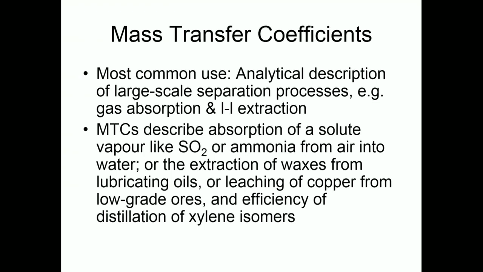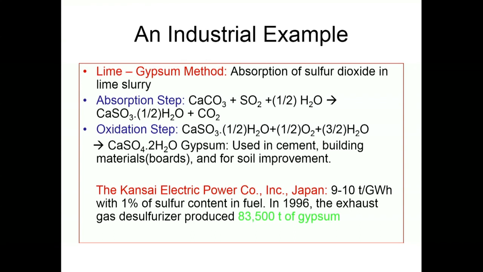It could be extraction of waxes from lubricating oils, or the example of leaching of copper from low grade ores and so on. The first step in any design would be to first look at least one exemplary industrial process or operation. So here we take a look at this lime gypsum method for absorption of sulfur dioxide.